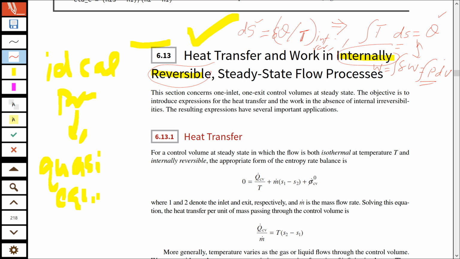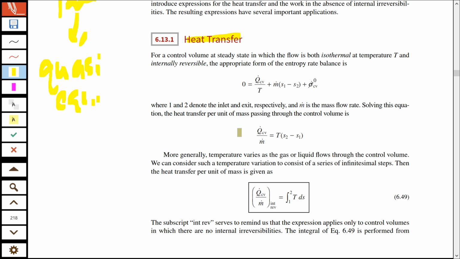And if you now combine that, because there is nothing new for you, you already know that, you just combine those two concepts with steady state flow processes. So if you have a flow process which is internally reversible, plus it is steady state, you can now imagine what you can write for heat transfer. For steady state you will have a 0, and we are writing basically the entropy balance.